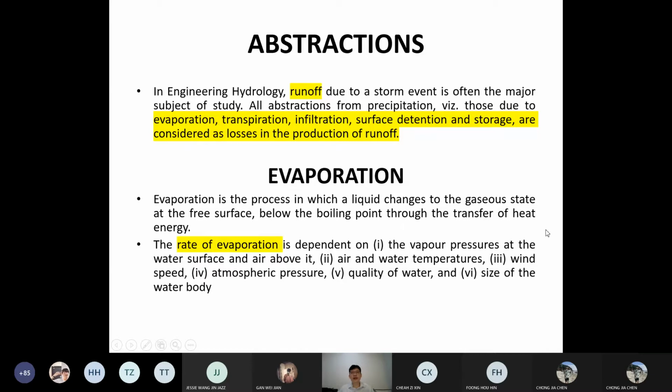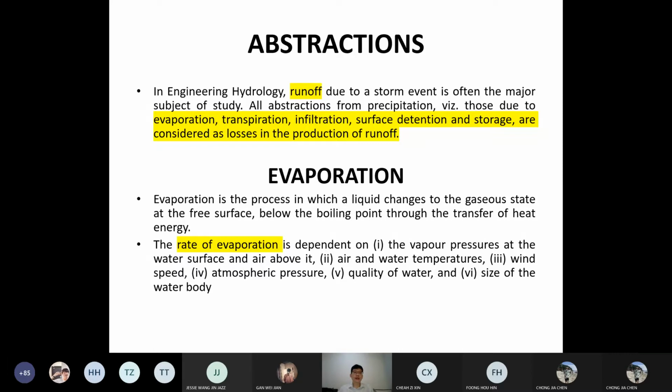I think all of you learned evaporation before in secondary school. When you put water in an air-conditioned room, the molecules at the surface of the water will escape to the air, so the water will be less and less. This is the process of evaporation. Temperature is the most important thing.